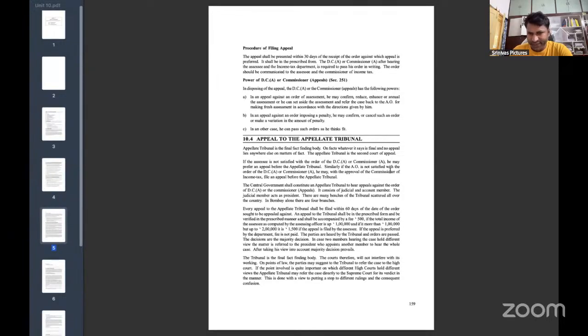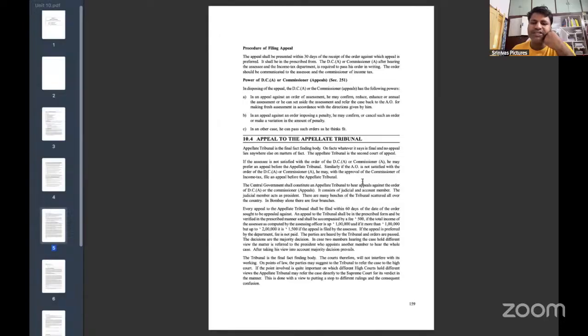Similarly, if the department is not satisfied with the order of the Deputy Commissioner of Appeals or Commissioner of Appeals, it may, with the approval of the Commissioner of Income Tax, file an appeal before the Appellate Tribunal. So when they are not satisfied with the order of the Deputy Commissioner or Commissioner of Appeals, finally they go to the Appellate Tribunal.